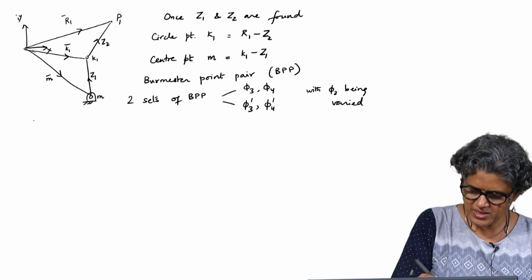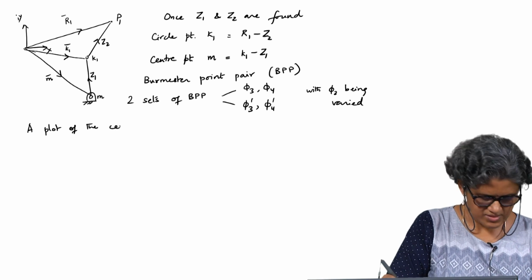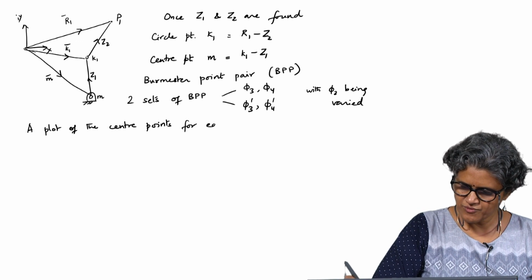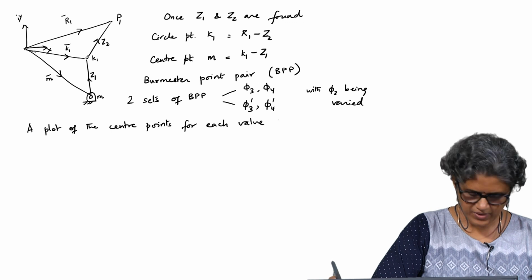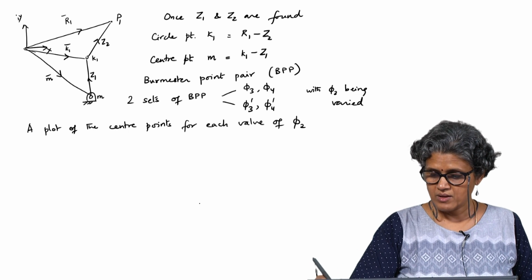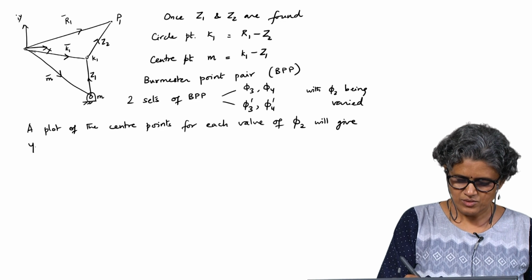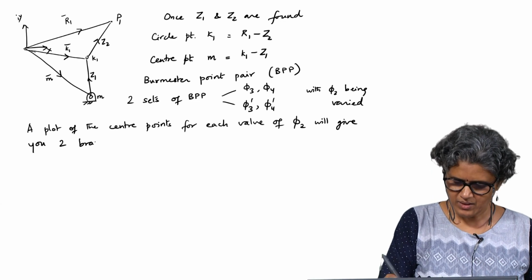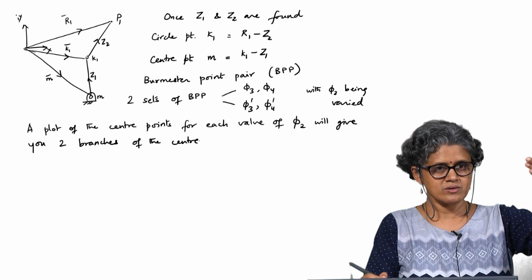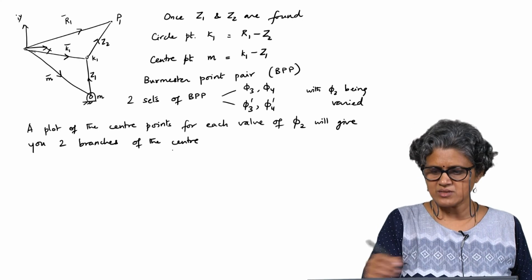So, a plot of the center points for each value of phi 2 will give you 2 branches of the center point curve, one for the compatibility equation in mode 1, the other for the compatibility equation in mode 2.